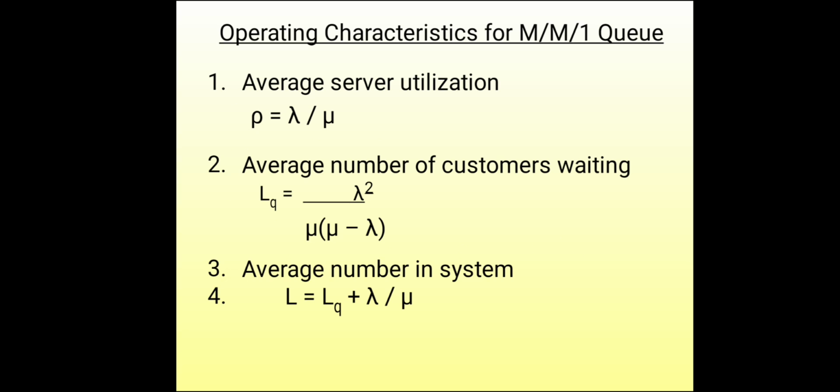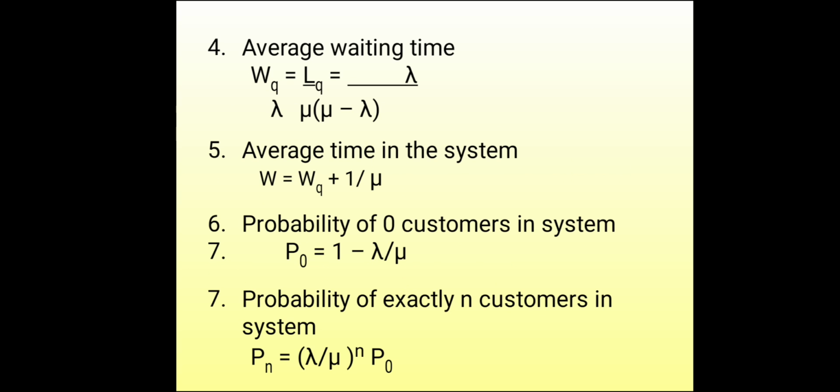Then the average number in the system is L equals Lq plus rho. The average waiting time Wq equals Lq divided by lambda, that is lambda divided by mu into (mu minus lambda).